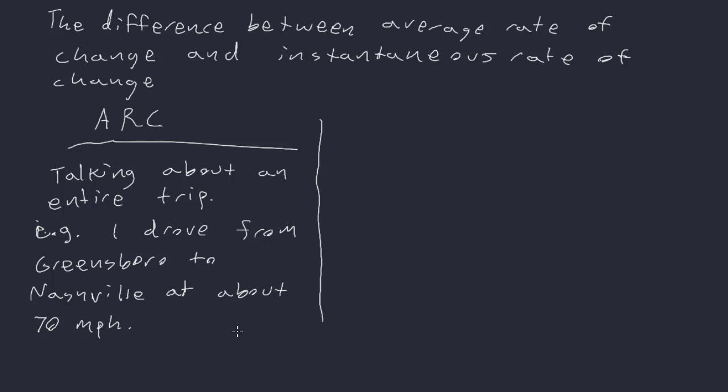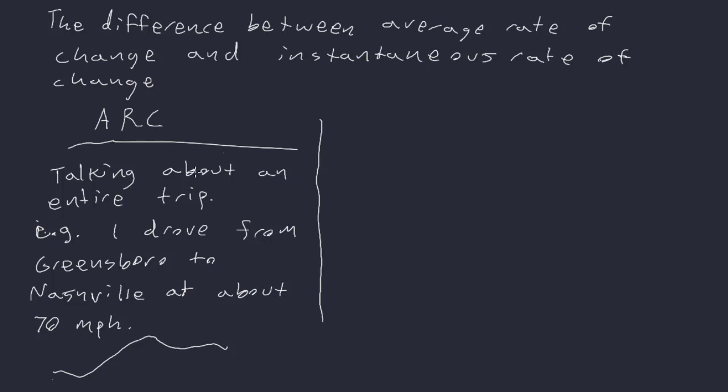When you're traveling, say on the interstate, even with cruise control, you're never really going to be traveling the entire trip at exactly 70 miles per hour. This is more like on average because at some point you get stuck in some traffic and you are below 70, and maybe at some point when you're speeding up to pass somebody, you're going 80 for just a minute or so and then you drop back down to 70.